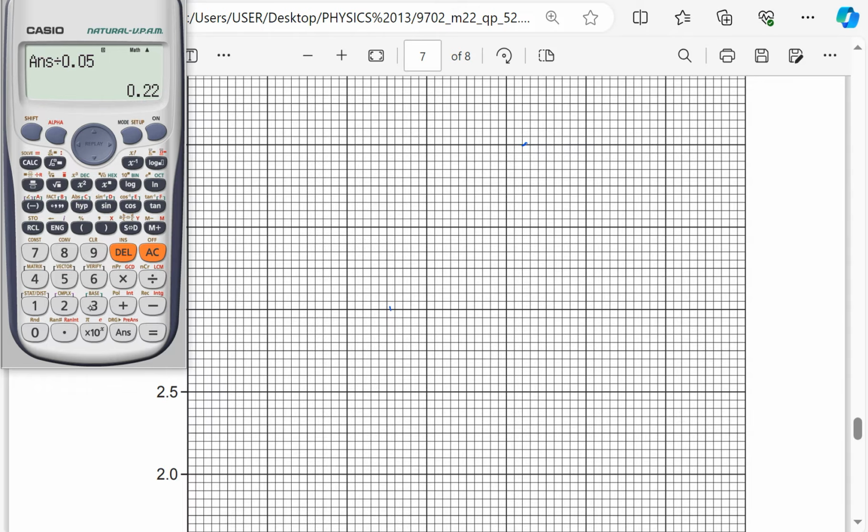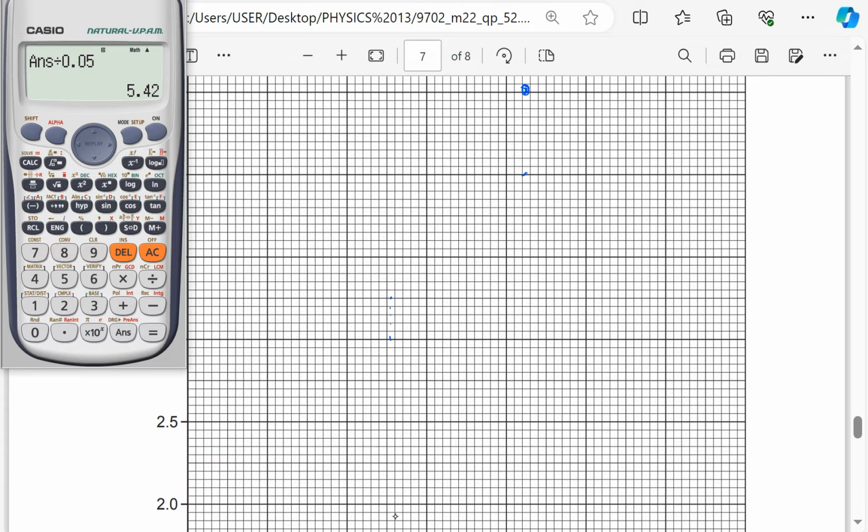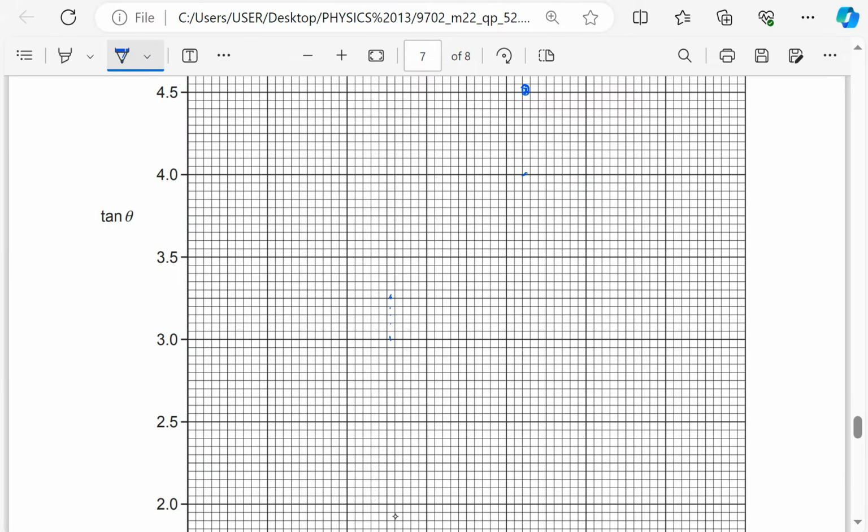Let me check with my scale: 3.271 minus 3.0 divided by 0.05, which is the scale. So I'll add 5 boxes on 3.0: 1, 2, 3, 4, 5. So it's approximately here, 3.271.